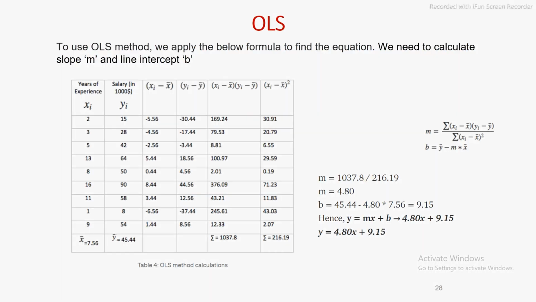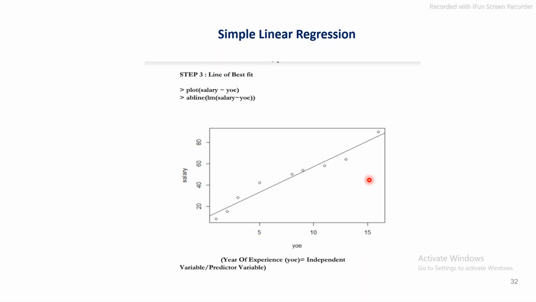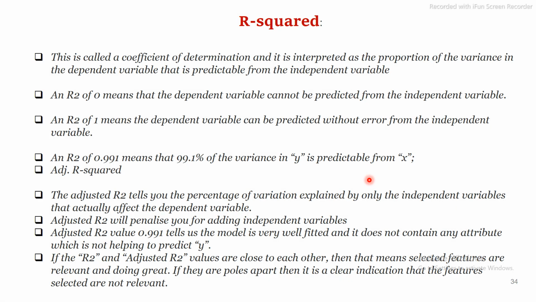So what is the significance of the R squared value? If R squared is, let's say, 0.99, it means 99% of the variance in Y is predicted from X. Just remember these two points.